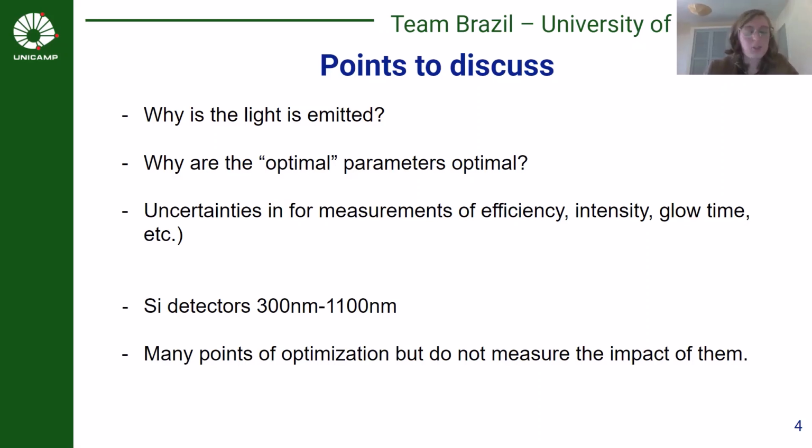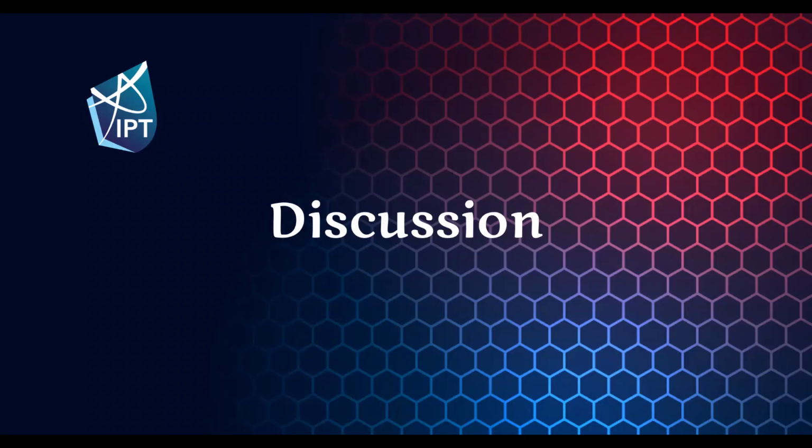I think we should explain more about the uncertainties of the measurement, and we want to see what the points of optimization were that were not measured for their impact. I think that's it. I hope we can start the discussion.